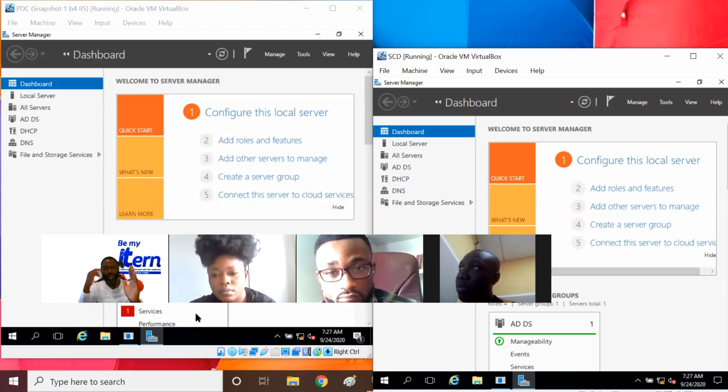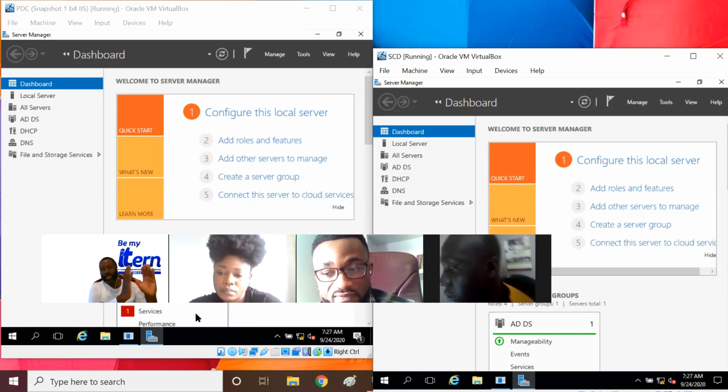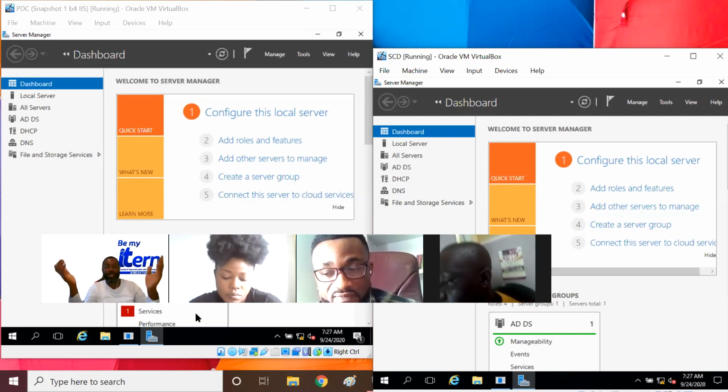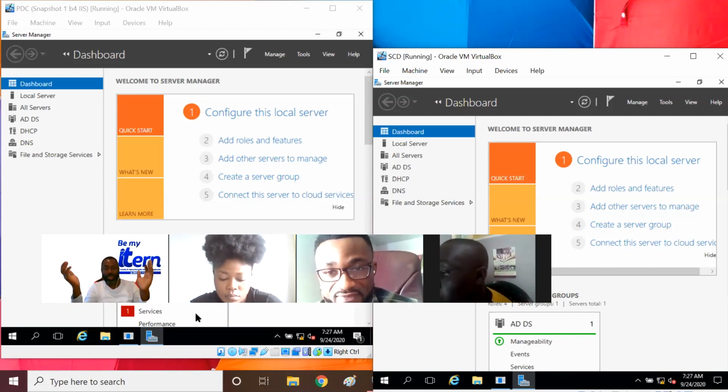If you know mathematics, do your permutation and combination. In how many different ways can you combine? You see that it's like 16,000. You have about 16,000 IP addresses available in Class B. So for Class A, you would have only the first octet constant. The other 3 octets will be available to assign to hosts.